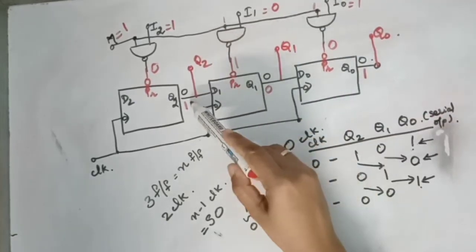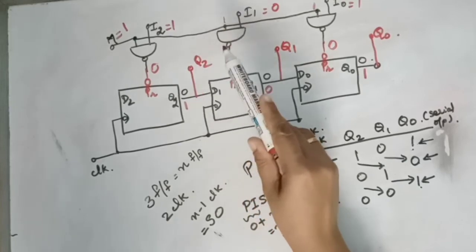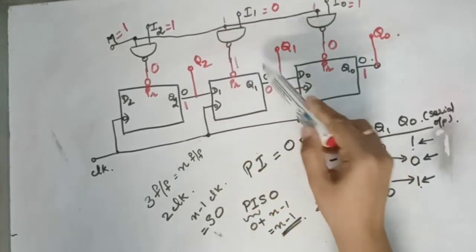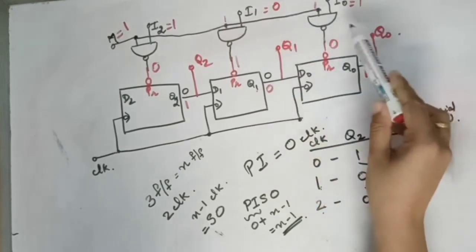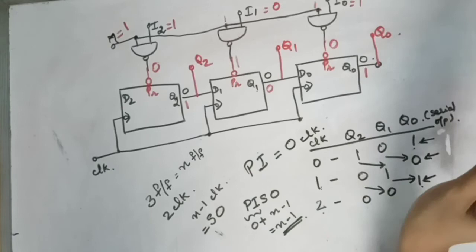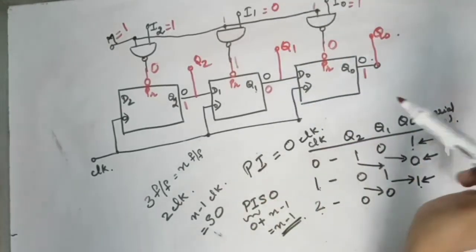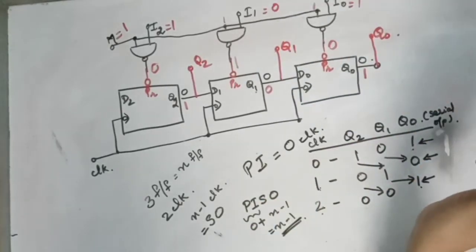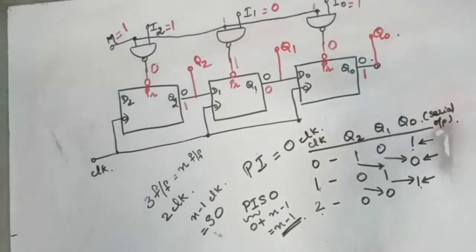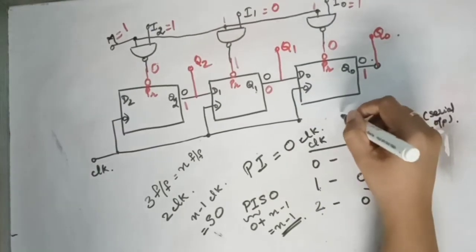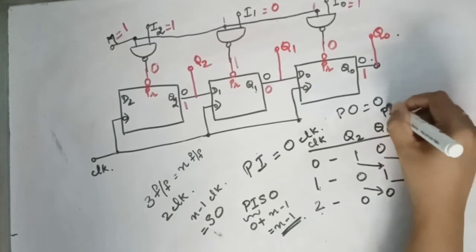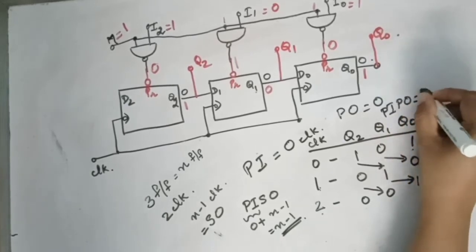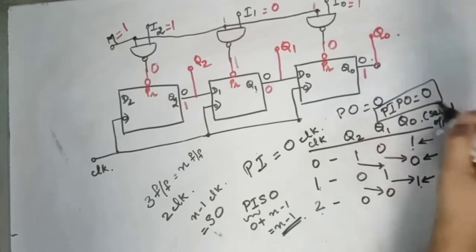It's already there in Q2, you're just taking a wire and connecting it to an LED. Already there in Q1, Q0, you're just taking an LED. So how many clock pulses do you need? 0. Parallel input, how many clock pulses did you need? 0. Parallel out is also 0 clock pulses. So parallel out requires 0 clock cycles.